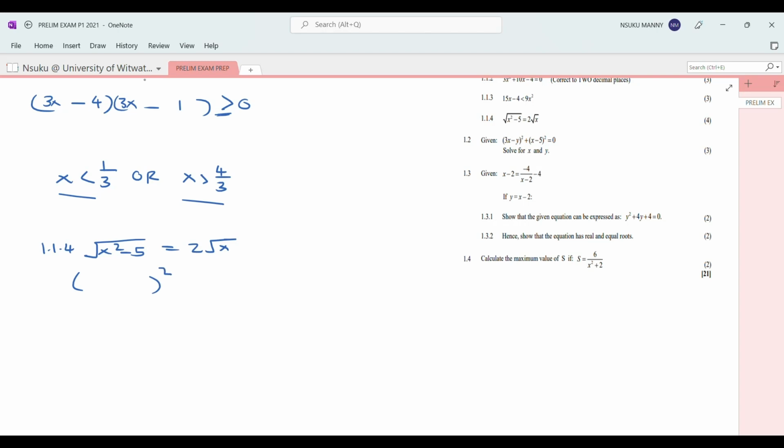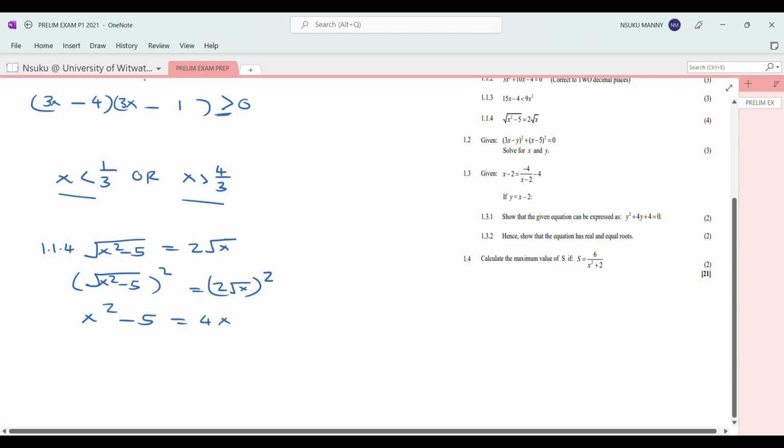Now we have x squared minus 5 is equal to 2 square root of x, and we're going to square both sides. So this side we're going to have x squared minus 5, and the other side we're going to have 4x. Right? So we're going to take this 4x to the other side. Now we have x squared minus 4x minus 5 is equal to 0.